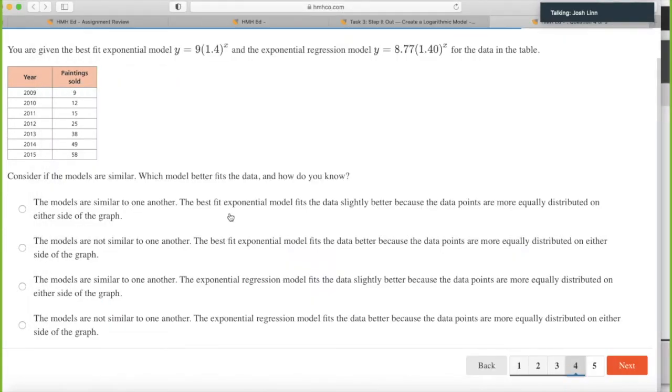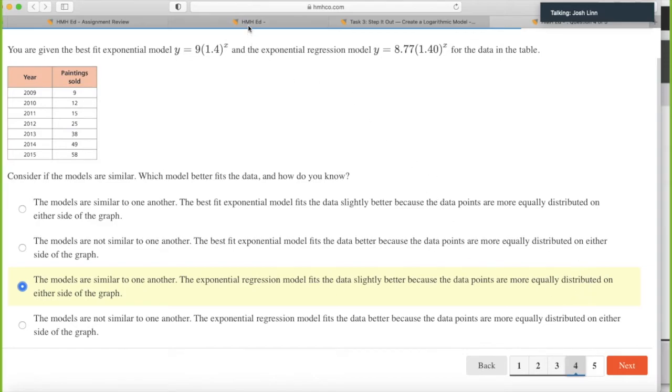The best fit exponential model fits the data slightly better because the data points are more equally distributed. Models are not similar to one another? That's false. Models are similar to one another. The exponential regression model fits the data slightly better because the data points are more equally distributed on either side of the graph. So I would say the regression model, that's the one that's based on the data.